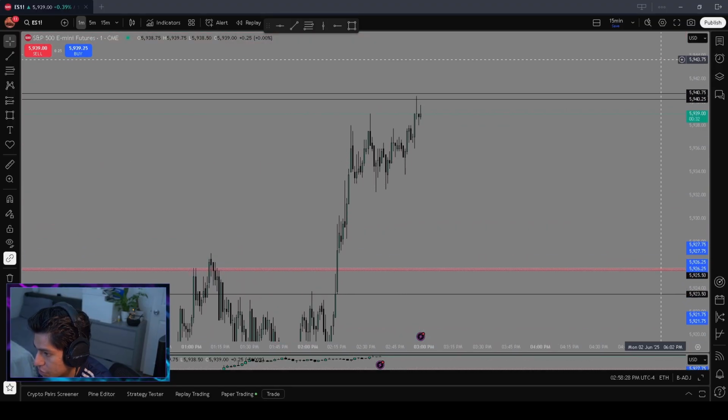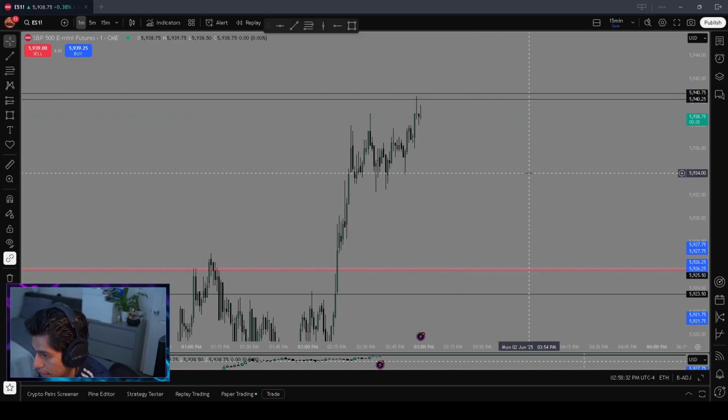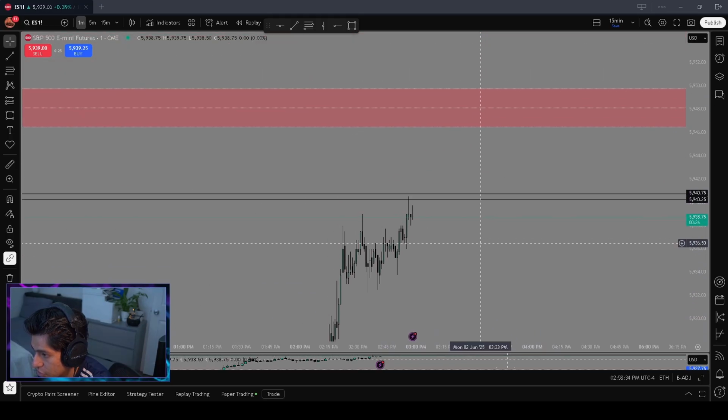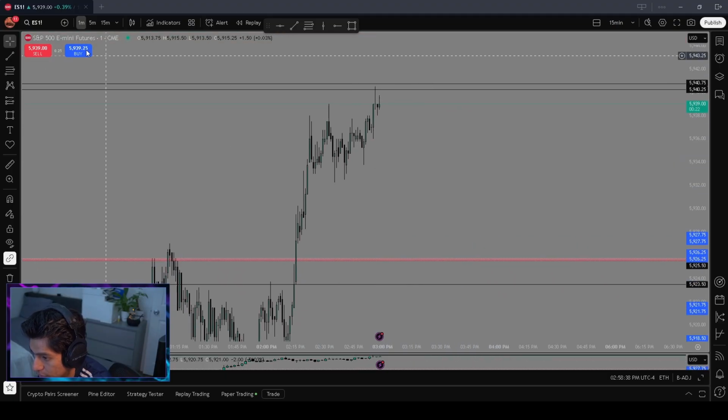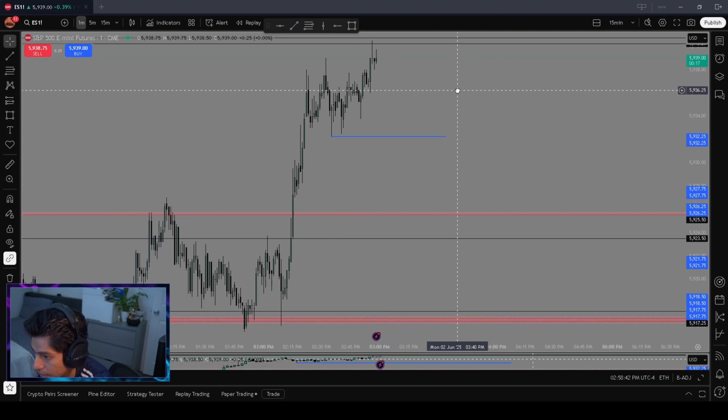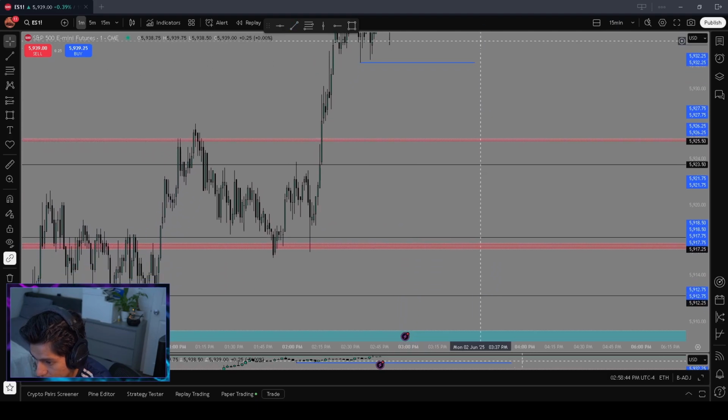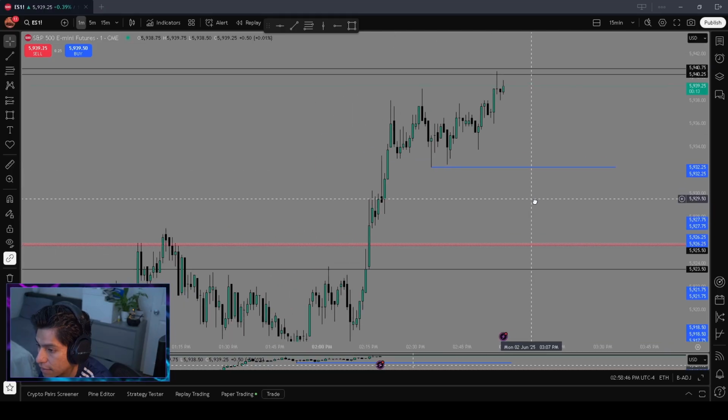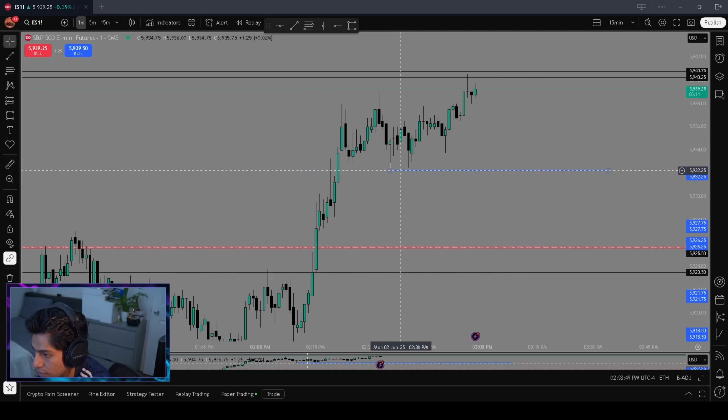Okay, so now we're touching the new day opening gap. And what I want to see is if this acts as a rejection, getting close to this, like taking out these traders before we send it higher. I do like finding really close lows together.